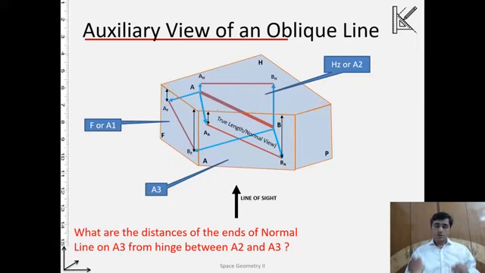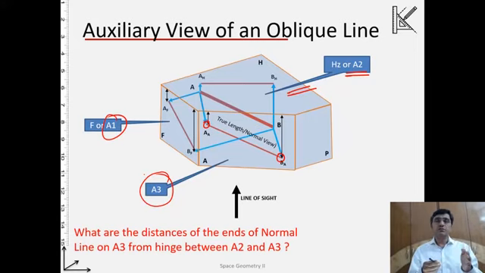From the plane which is horizontal, we will call it A2, I am drawing the projectors to the auxiliary plane. Number one, on those projectors I am locating the ends of this line, using the distances from the frontal plane, that means from A1. So whenever we have an auxiliary plane, which we will call A3, to project the line on A3, what are the steps?